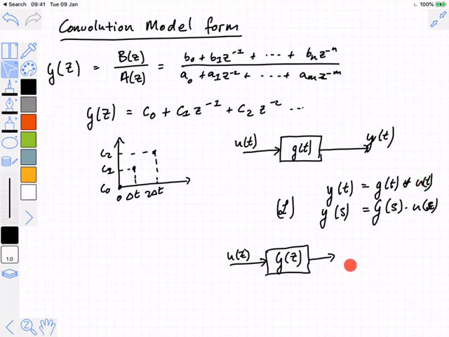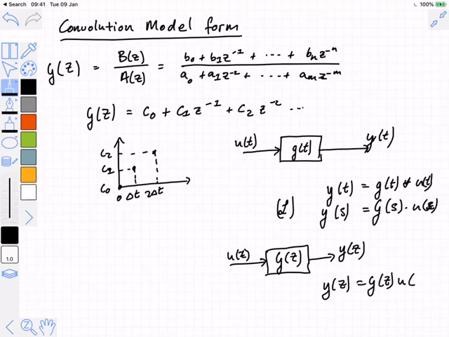And when we do the same thing with a discrete system, we end up with something that corresponds to discrete convolution. And so we would write y of z is equal to g of z times u of z, but that would actually translate to a convolution form.